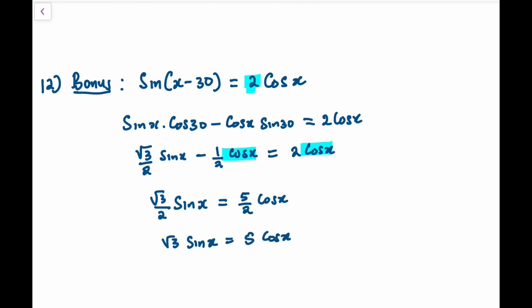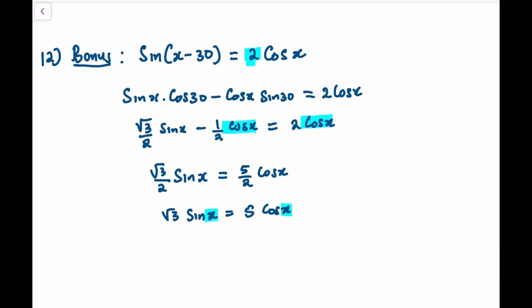And then you will notice again we have sine and cos, and these angles here are the same, so we can always take it to tangent. We can divide on both sides again. We divide by √3 cos x.